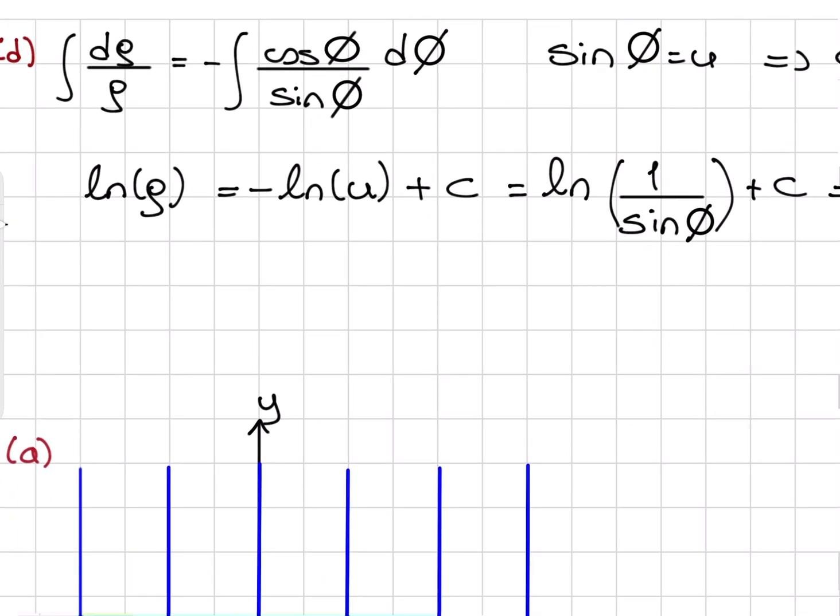That means I can write rho of phi as a constant c divided by sine phi. So c is a constant.